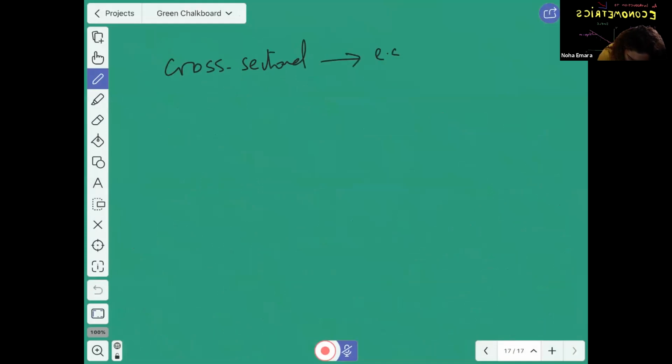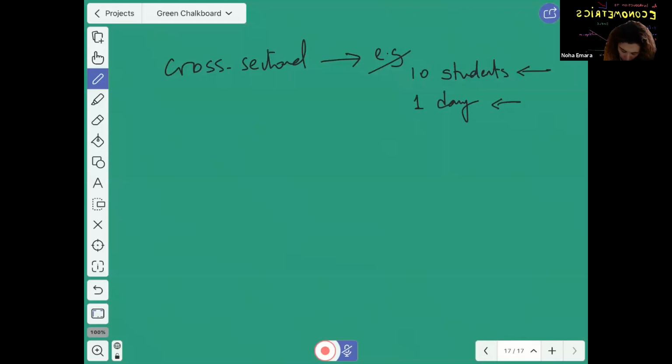For example, I have 10 students, and I'm trying to analyze the scores of these 10 students in one day, which is the final exam day, okay? So I have one time period and multiple cross-sections. So this is called a cross-sectional study.